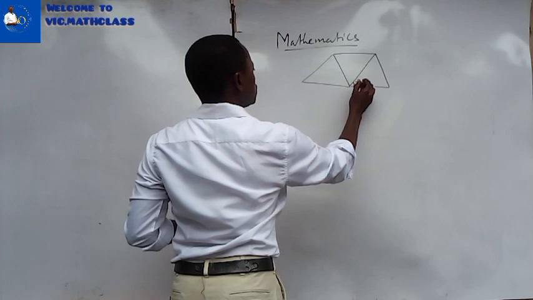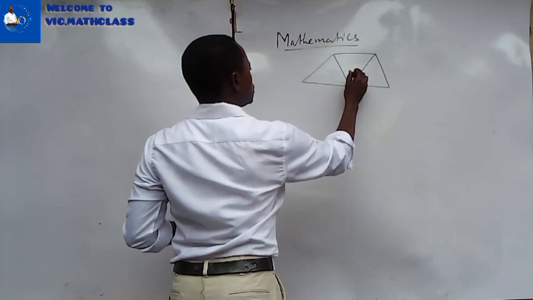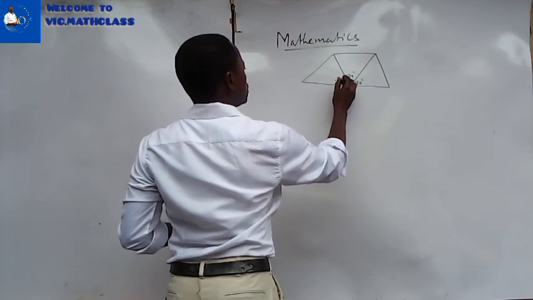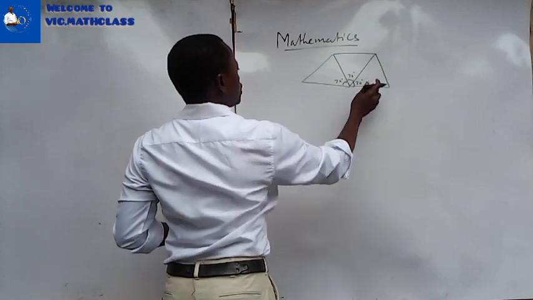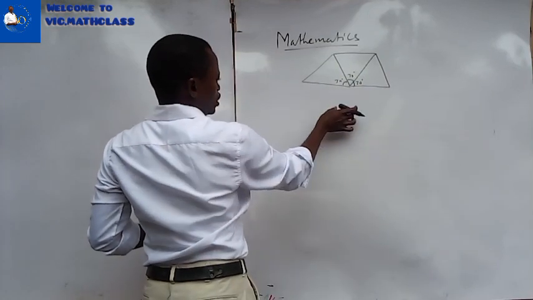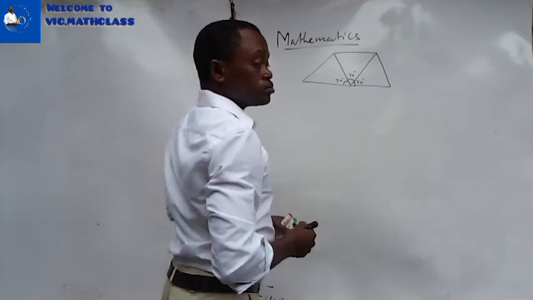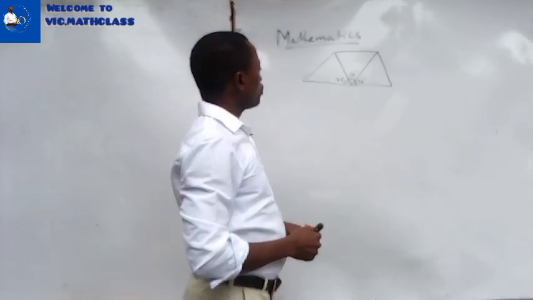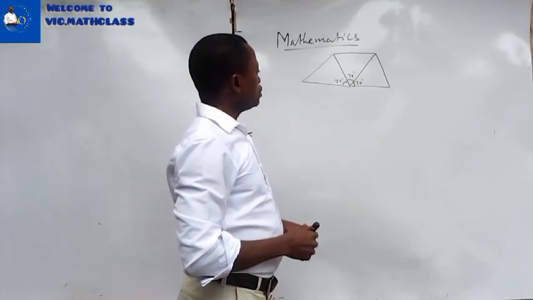So this is 30 degrees, this is 30 degrees, this is 30 degrees, this is a side, this is a side, this is a side. Each side is projecting. There are many of them, we don't know how many there are.